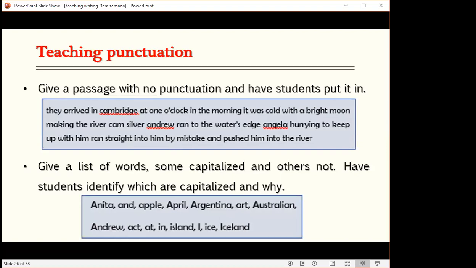Some of them are capitalized, others not. So they need to identify, for Anita, why is the first letter capitalized? Students say, oh teacher, it's a proper noun. Anita is a name, so you need to write this word with a capital letter at the beginning. And, "and" is a conjunction. It's a function word. It's mostly written with a small letter, not with a capital letter.